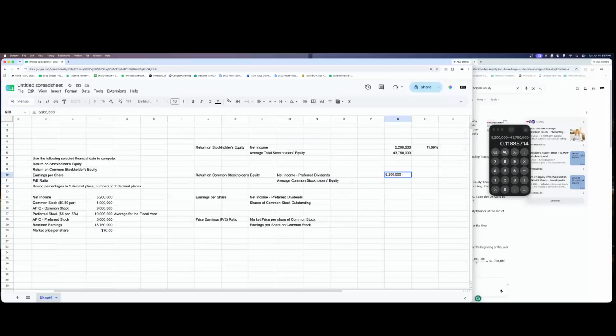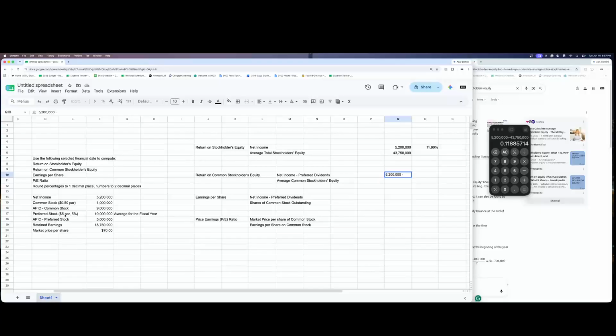Okay, so preferred dividends. We're going to have to calculate the dividends. It's not the dividends coming from the common stock, but the dividends coming from the preferred stock. Okay. So how are we going to calculate the preferred dividends that come from the preferred stock?